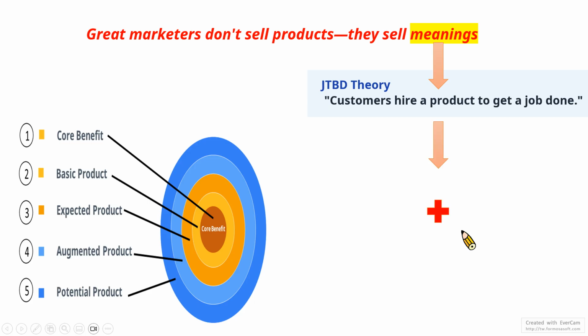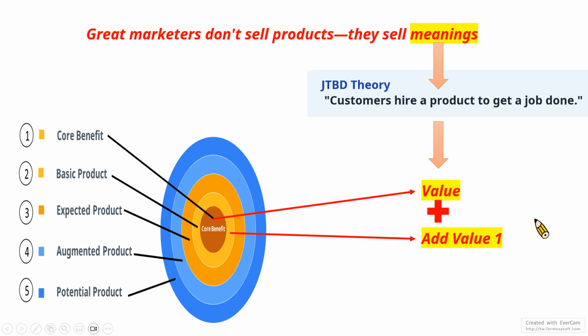For what? To have the value they can get from the product, to let something be finished and to finish their work, their job, etc. So the core benefit may be the value of something, about getting some job done. And then they will have more value. Add value 1 is maybe the basic product.